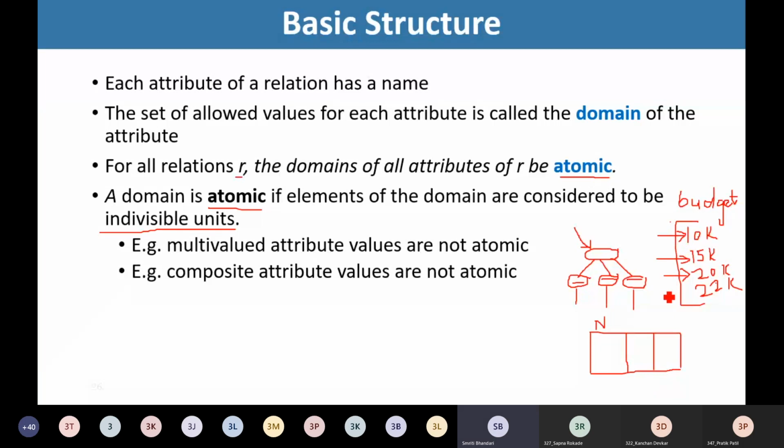Yes, ma'am. And why? Whatever our act, every act has some reason behind it, right? So why have we converted the composite attribute by flattening the subparts? The reason is we wanted every attribute domain to be atomic, and that is why we do not have name as only one column.